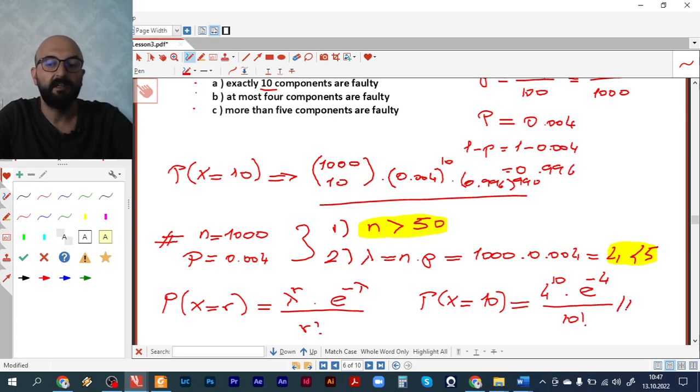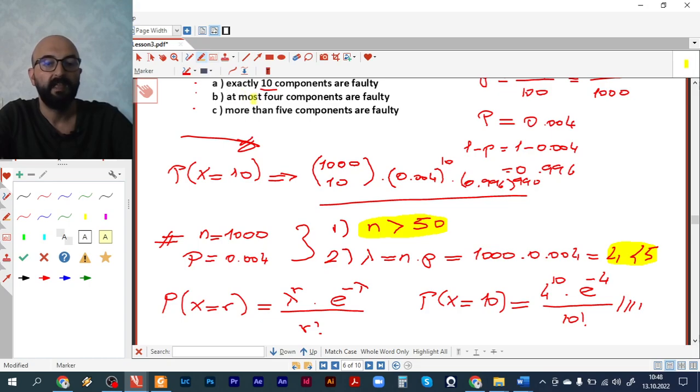Computing this process is easier than computing the binomial, so we prefer the Poisson distribution instead of binomial distribution.